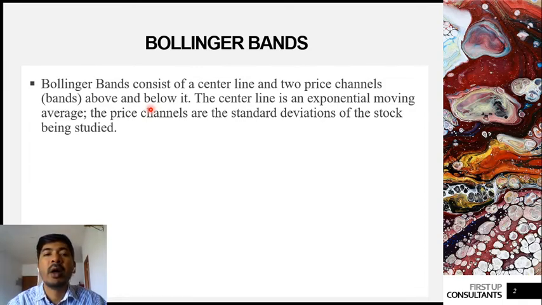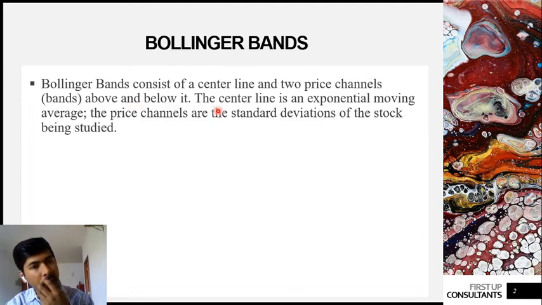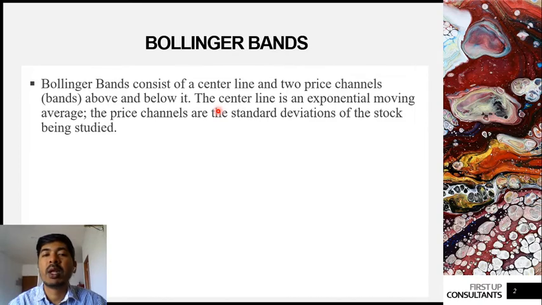We can also use SMA or any other moving average, but mostly we stick with the EMA. Then two price channels are created, one below and one above it, using the standard deviation. For today, we will be using the EMA 20 along with the standard deviation of 2 to form the Bollinger Bands on hourly charts, and with that we will use the AC2.